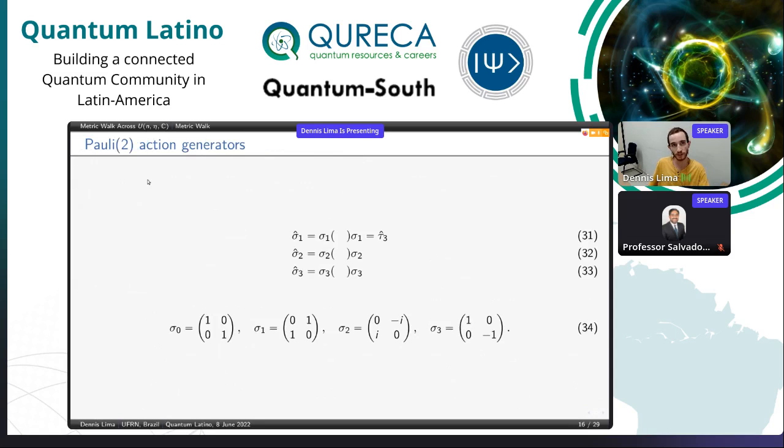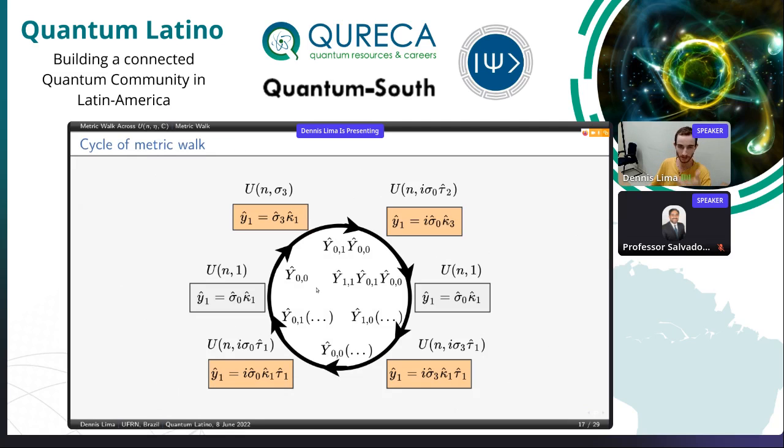And we also have the polygroup generators, and we represent them like these operators as similarity transformations, because when we apply successively partial inversion, in this example for this cycle from the main diagonal of the matrix going clockwise, we see that we have orders in their groups. They are well mapped, but we have here sigma 3 instead of identity. We have I sigma 0, sigma 0 is identity.